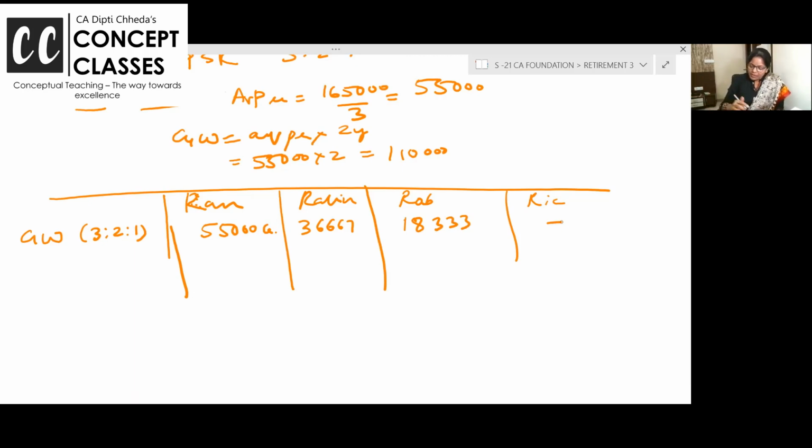Raise the goodwill in the old ratio, 1,10,000 into 2 by 6.